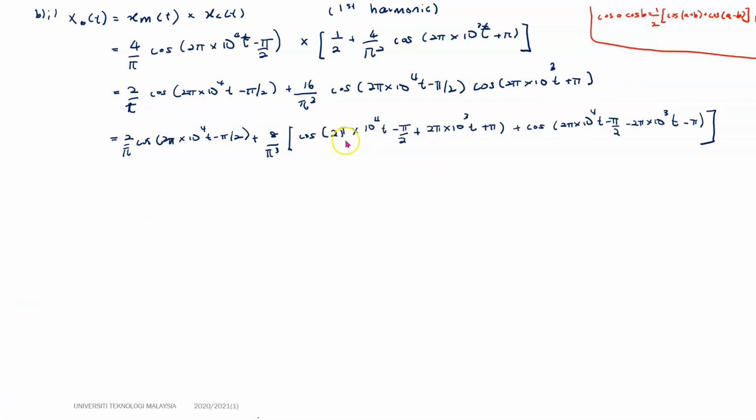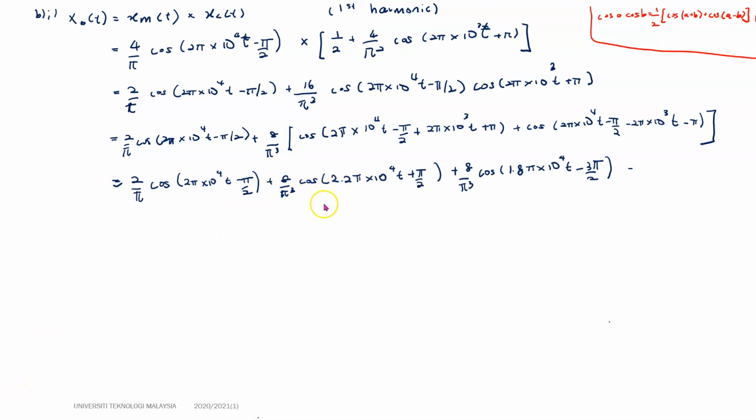Basically, this is A from here and plus B is from here, and then you subtract this component 2 pi times 10 to the power of 3 t, and because of the minus, this phase also becomes minus. You solve for this, and this is how the equation looks after I have solved it.